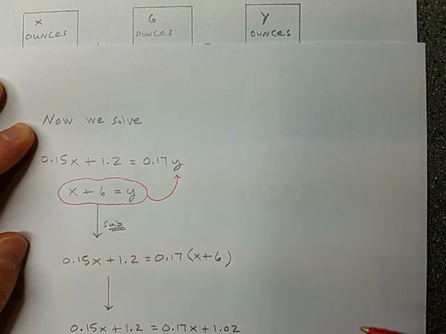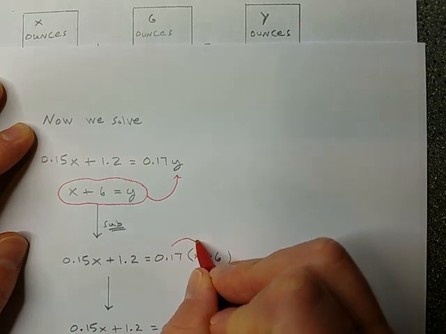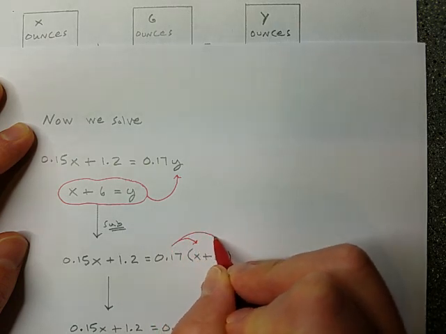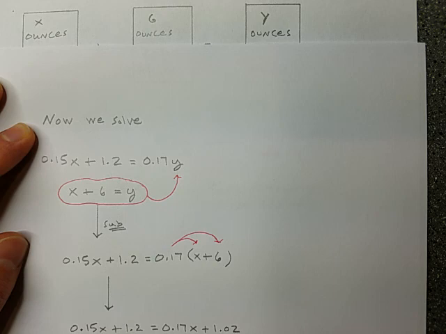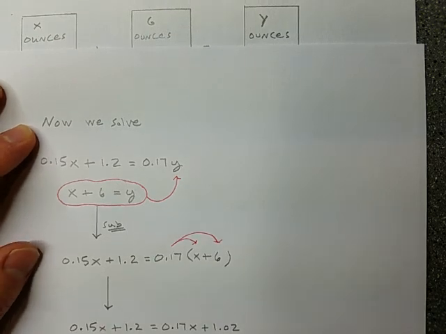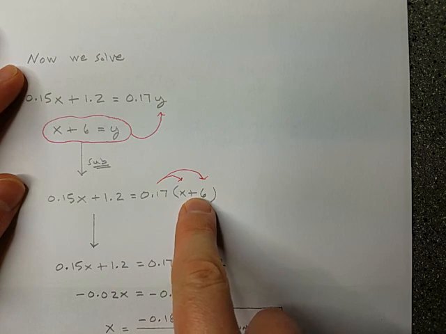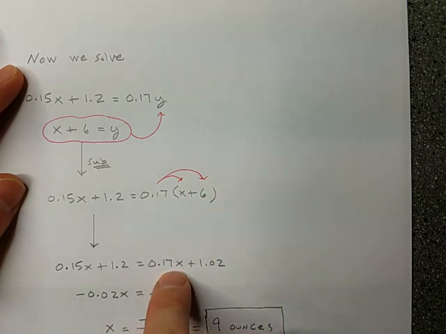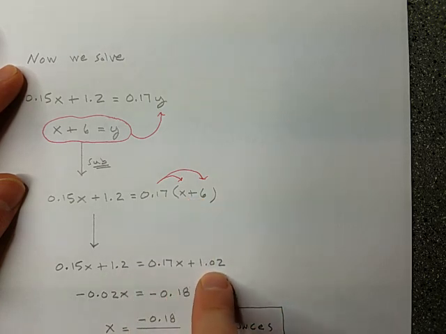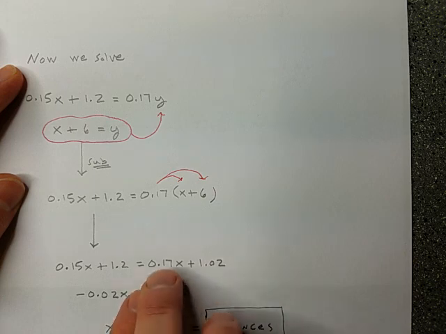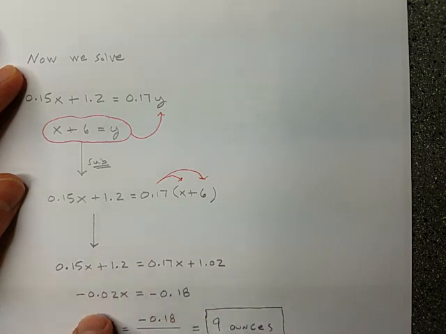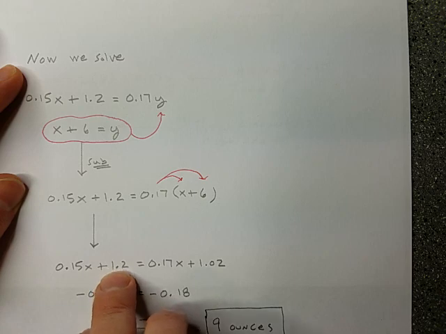What's the next thing that it looks like I can do? Well, how about multiply through like this? Why don't we do that? That's a kind of typical thing that a person would do if they're solving an equation. So if you multiply through there, on the right-hand side, you'll get 0.17x plus 1.02. To solve further, we group the terms with x on the left and the numbers to the right.